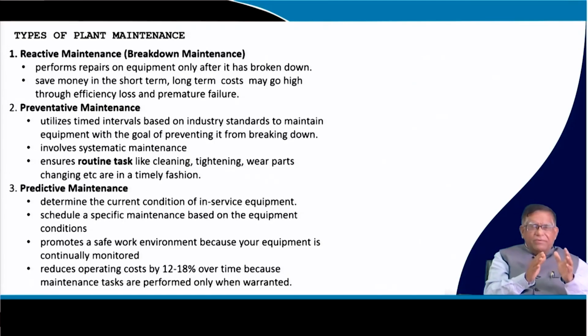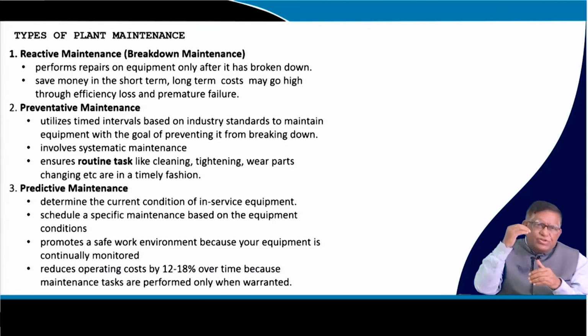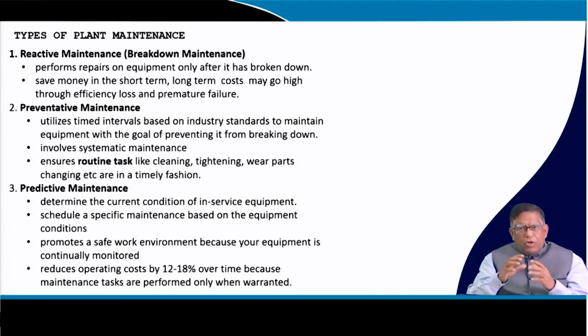So you can think of how it leads to productivity when, instead of preventive maintenance, you go for predictive maintenance, and the overall cost is reduced and your systems are all the time being monitored.